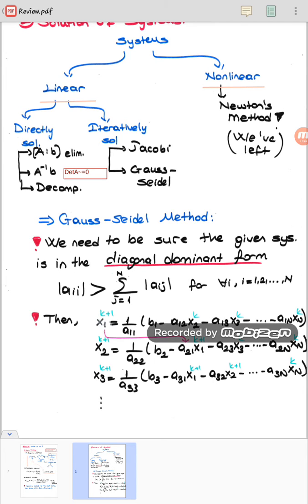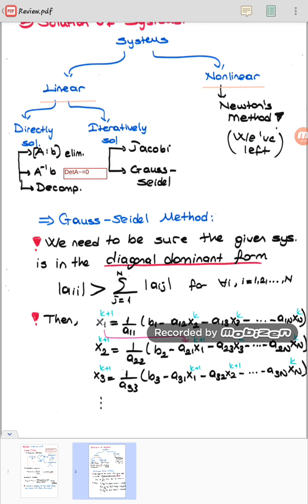But as you know, we have skipped the Jacobi method because this is the basis for the Gauss-Seidel method, and because Gauss-Seidel gives a fast solution as well as a more accurate solution than the Jacobi method, we have discussed the Gauss-Seidel method. Okay, what about the Gauss-Seidel method?